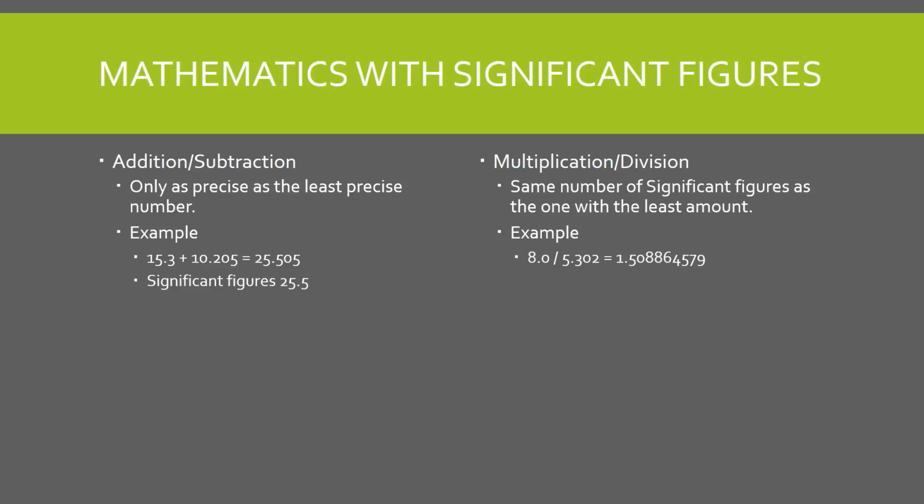But you have to break that up, and you say, oh, there are only 2 significant figures in 8.0, and there are 4 in 5.302. So since 2 is less than 4, you're only going to have 2 significant figures in your answer. So your final answer would be 1.5, with the 1 and the 5 being significant.